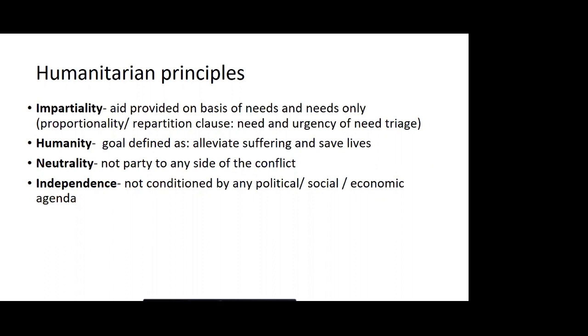But the primary goal of humanitarian assistance is to focus on life saving and alleviating suffering coming from disasters.